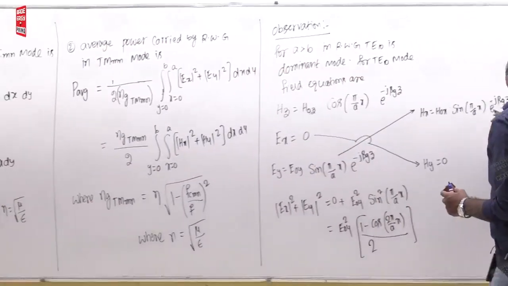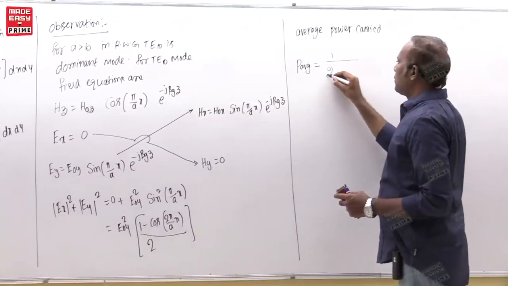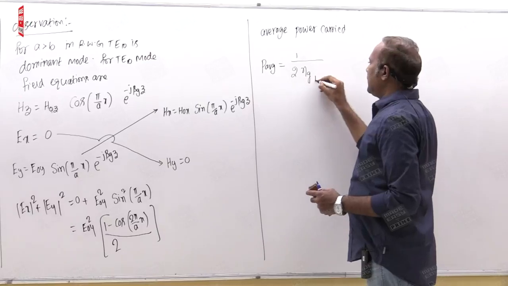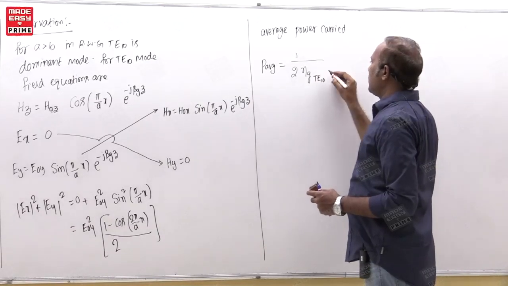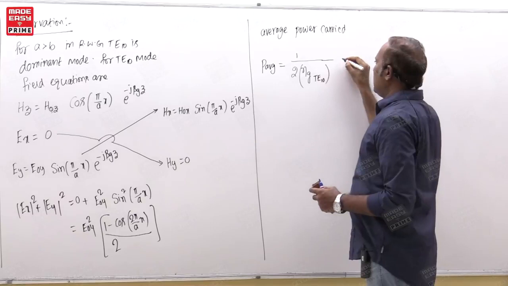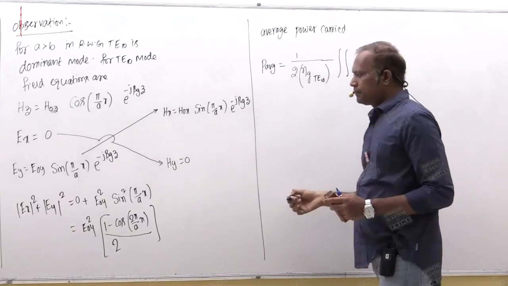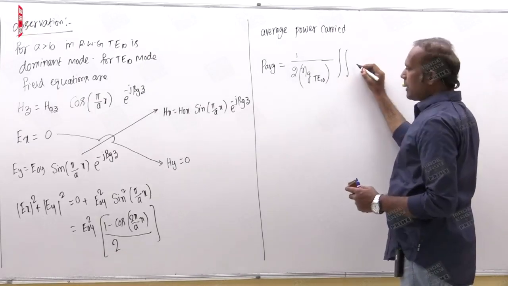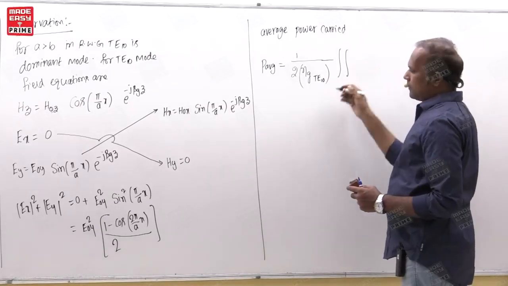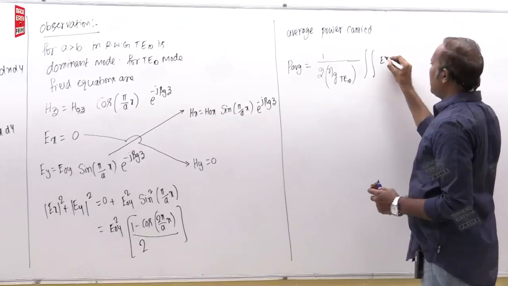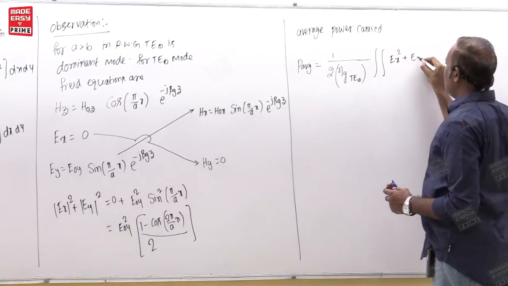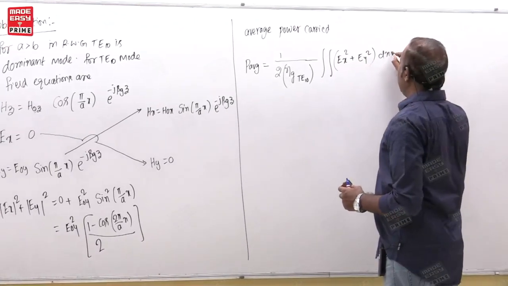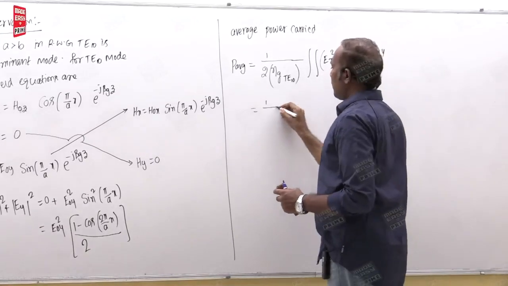So 1 divided by 2 eta_g TE10 mode and a double integral of the electric field, dx dy. This is the original formula.